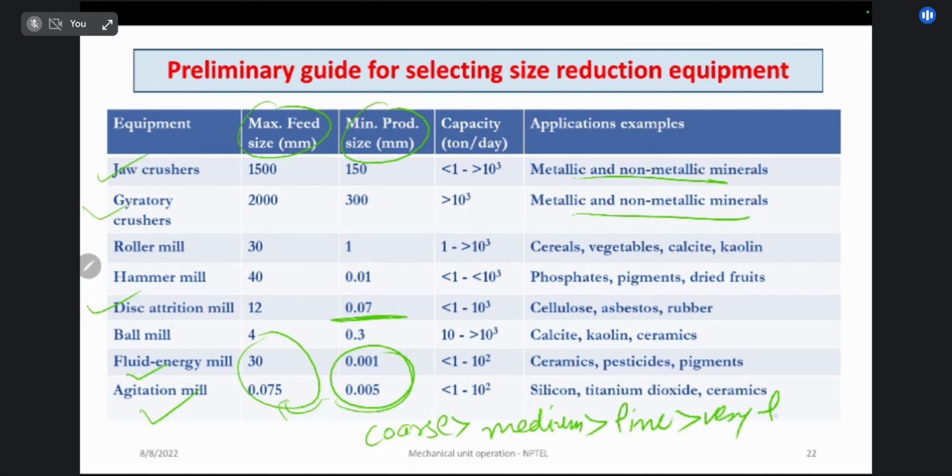They will give you four or five different equipment and ask you to arrange them according to size reduction ability. Somewhere they will give another one and do some combination and permutation of these equipments. So you will be able to solve the examples. That's it. Even in the GATE examination, sometimes this kind of simple example is asked.